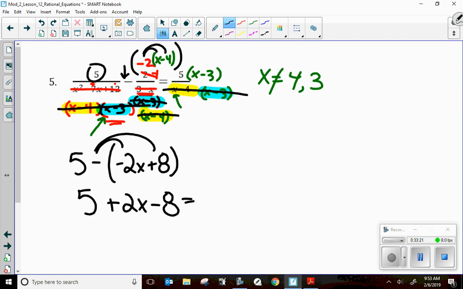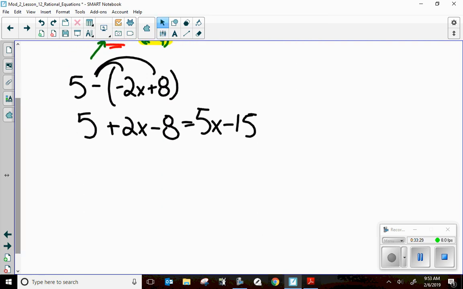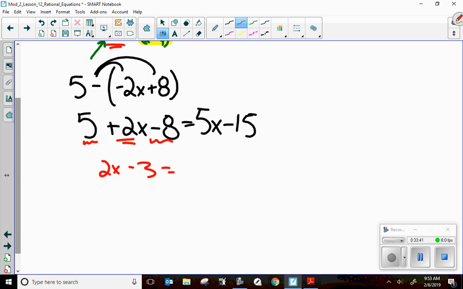Okay? Equals, now I have to distribute this 5. 5x minus 15. Let's not forget 5 times 3 is 15. That's an inside joke between me and you because I made that mistake earlier. Anyways, let's combine everything and go from there. I have 2x. 5 minus 8 is -3 equals 5x minus 15.